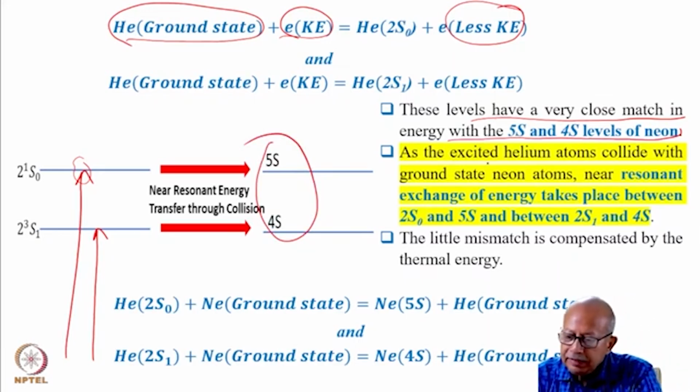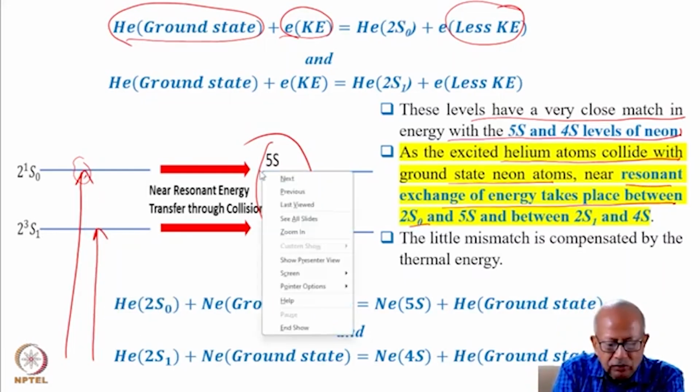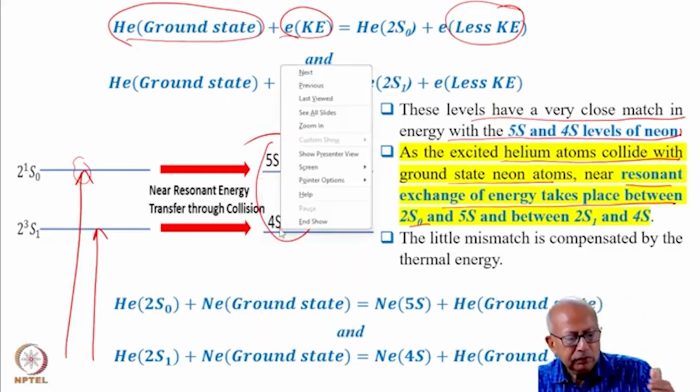And as the excited helium atoms collide with ground state neon atoms, near-resonant exchange of energy takes place between 2 1S0 and 5s, as well as 2 3S1 and 4s. Just as I said, helium here works as the surrogate atom.